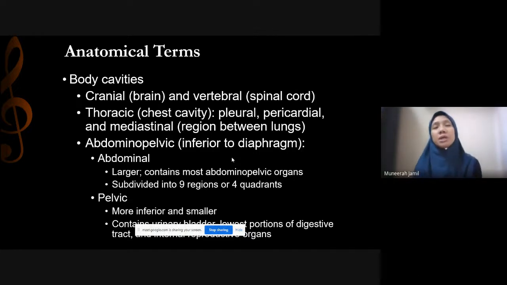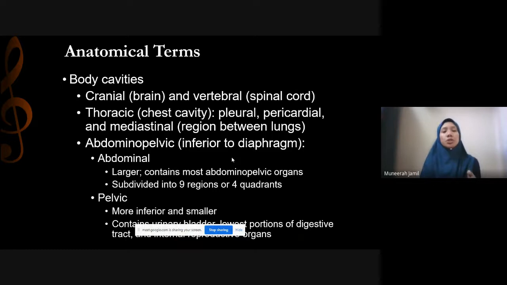If you remember what I called just now, the disorders. Disorders can be abnormality in the structure or abnormality in the functions. So if there is some structure that is abnormal in a certain cavity, then it can be defined as a disorder. Jadi that's why you have to know first what is the normal structure in a certain body cavity.